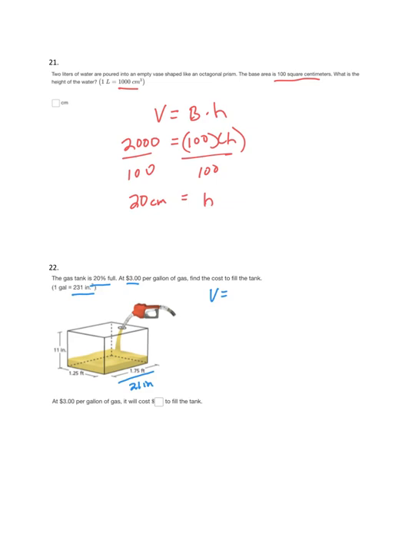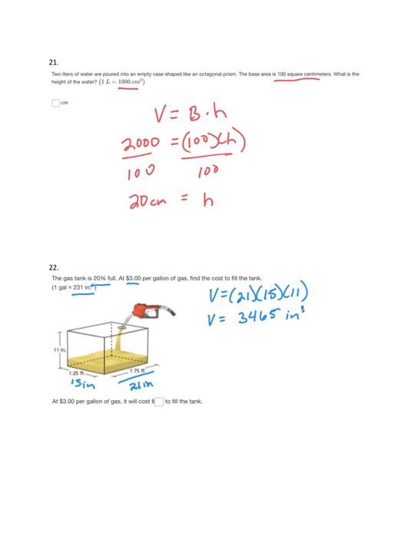Then 1.25 feet is 12 plus 3, so that's 15 inches. My height, I'm already given in inches, that's 11 inches. So my volume in cubic inches will be 21 times 15 times 11. I'll do that in my calculator.